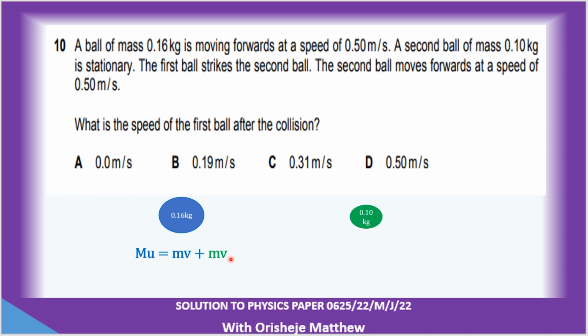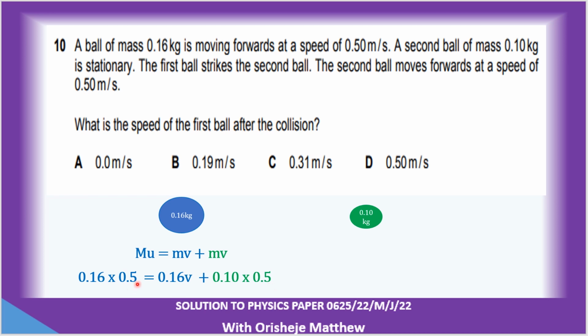So I'm using blue for the small ball. So based on the parameters given to us, let's substitute. Mass of the ball 0.16 times this 0.5 is equal to the mass of the blue ball times the final velocity after collision plus the green ball 0.1 times the velocity after collision.